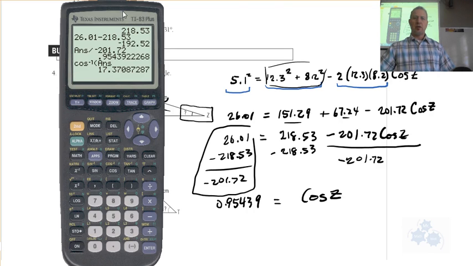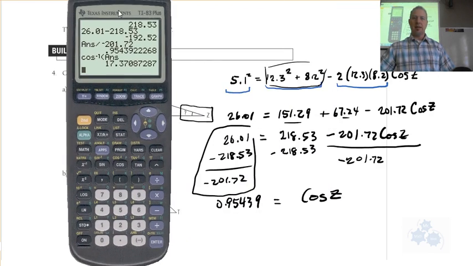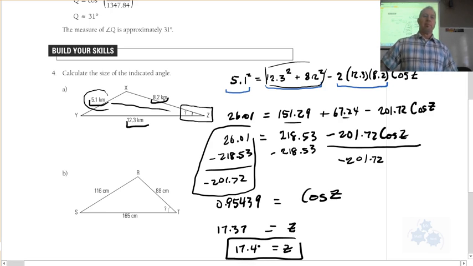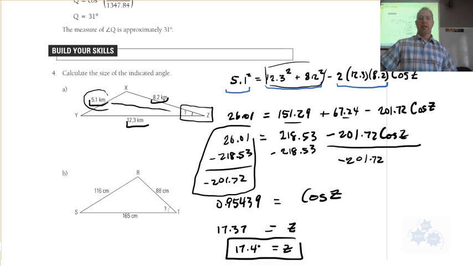So 17.37 is what I got. Did you guys get that? Or 17.4 degrees for the angle Z. Some of these questions are getting a little bit long now, aren't they?